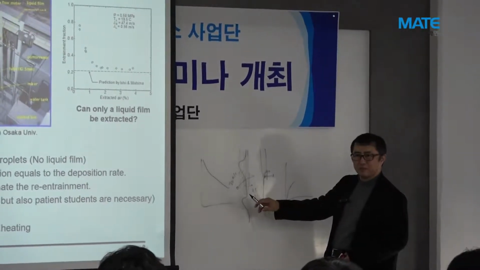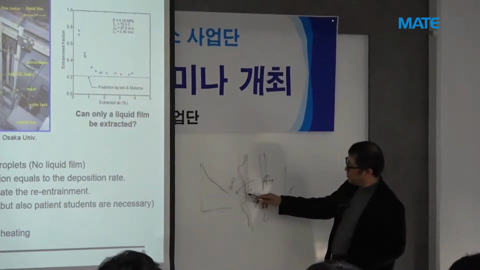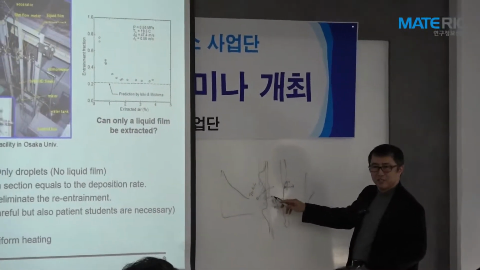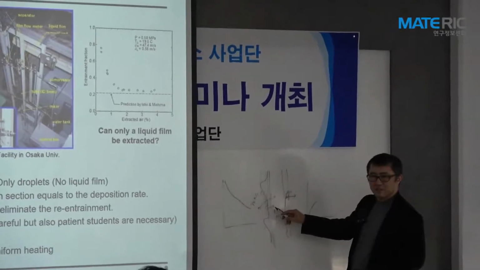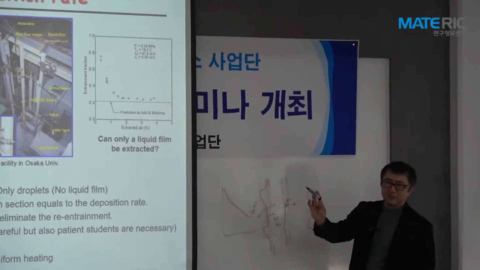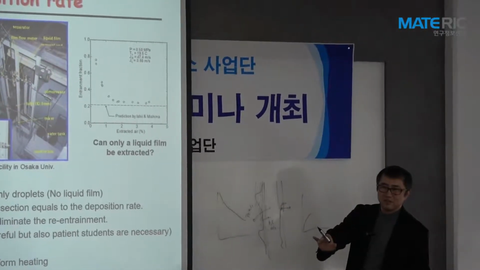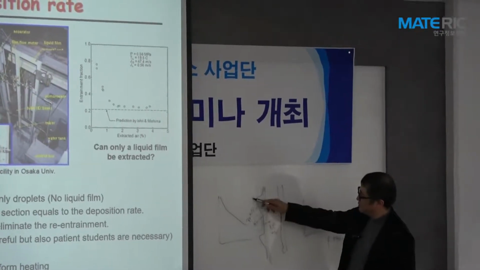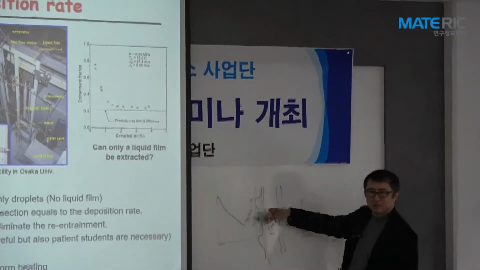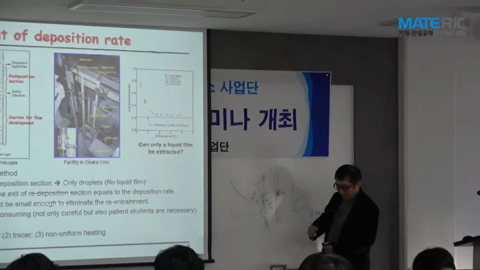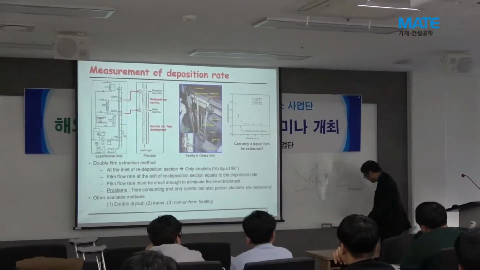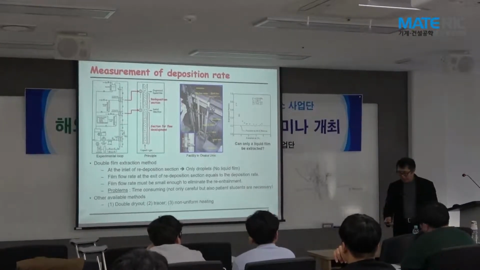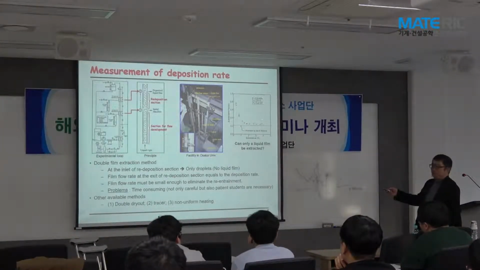Therefore, it can be expected that even if some liquid film and air are extracted from here, the density of air and the density of droplets are very different. Even if air is extracted, the droplet inertia is very big, therefore it can go straight. As a result, we can get a plateau region here.